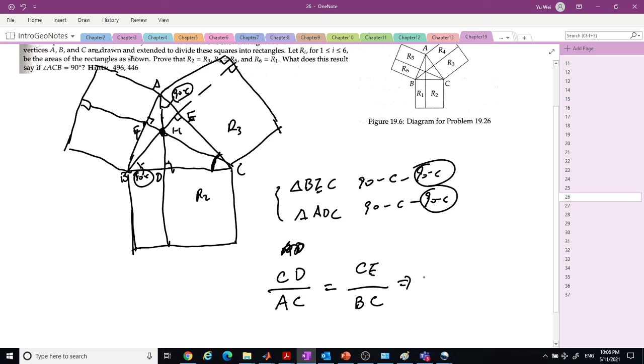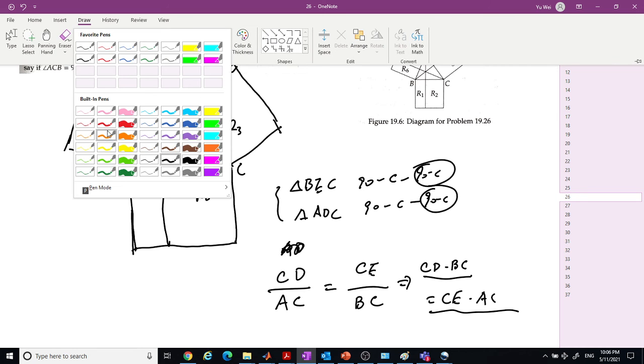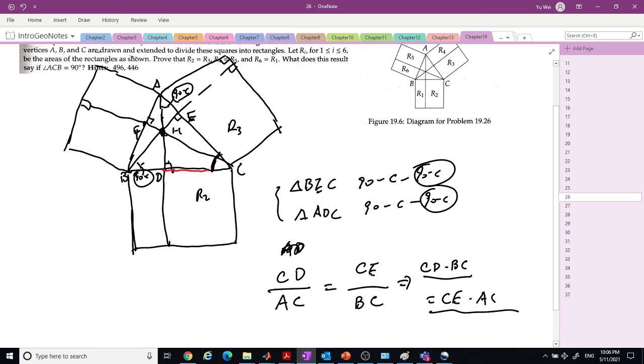Then we have CD times BC equal to CE times AC. Let's see what CD times BC is. CD times BC, and BC is also equal to this side because it's a square. So CD times BC is equal to R2.